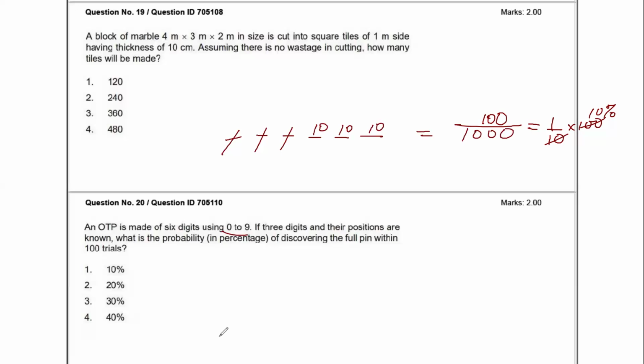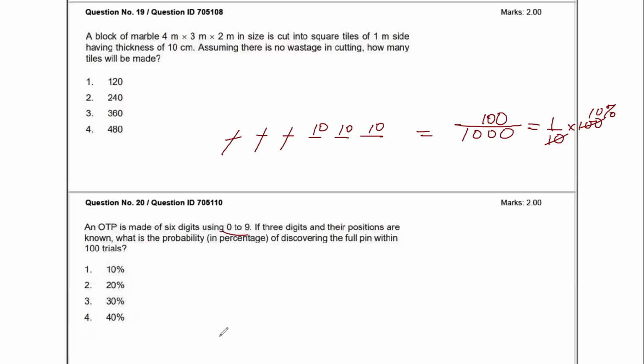I'm sure that permutations probability would be an issue if they give such questions, and normally they would probably just ask you how many combinations there would be, or, if probability is not there and they're asking a permutation question, what is the percentage of getting the OTP correct, leaving the 100 trials out.